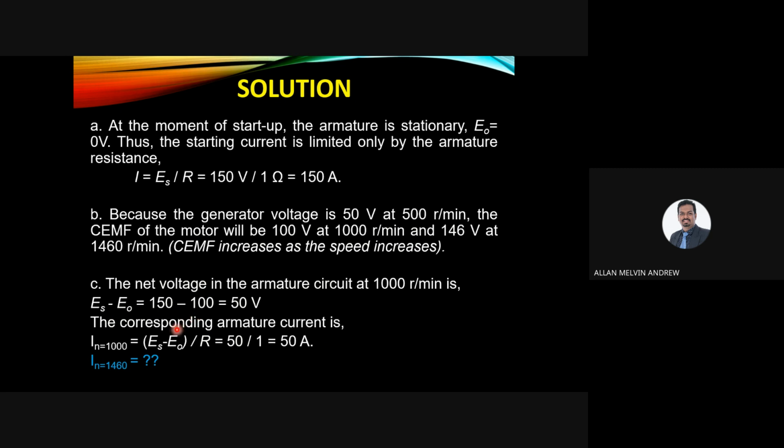The corresponding armature current, I for N equals 1000, is ES minus E0 over R, so 50 over R1 equals 50 ampere. So try to find this yourself.